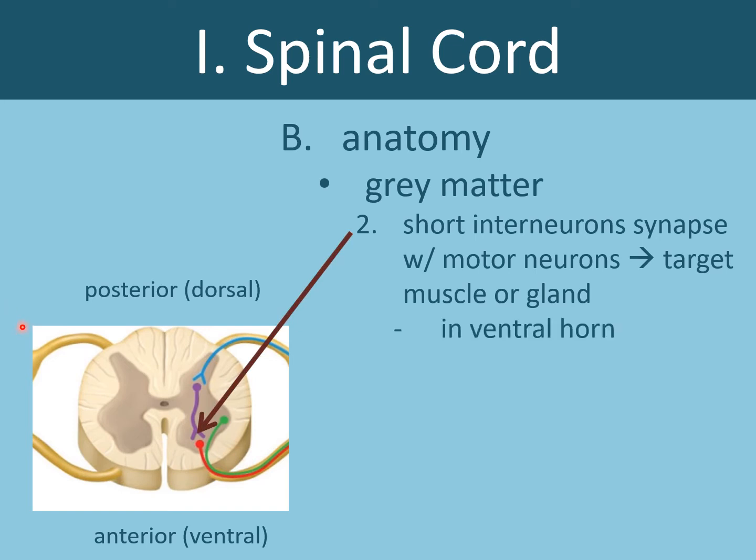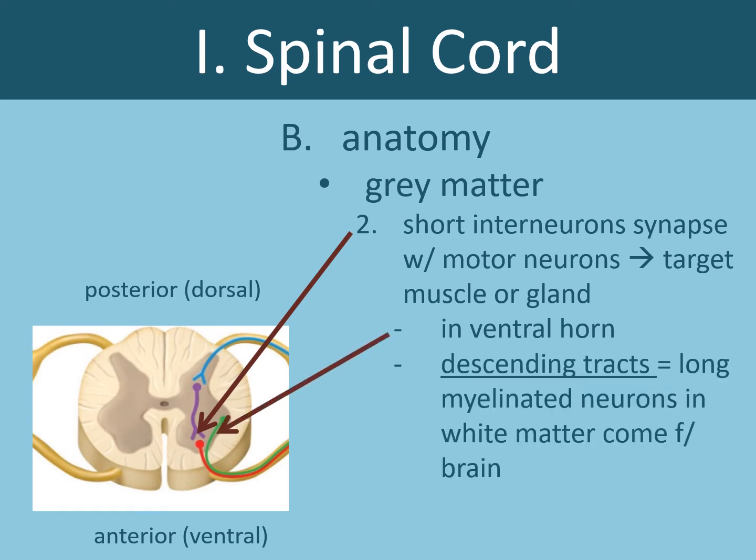The region of the gray matter, where these interneurons synapse with motor neurons, is called the ventral horn. Surrounding the ventral horn is white matter. This white matter contains long myelinated neurons that come from the brain and bring motor information down through the spinal cord. These regions are termed descending tracts.